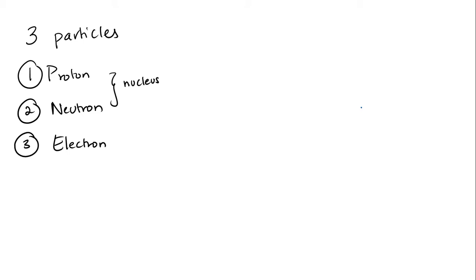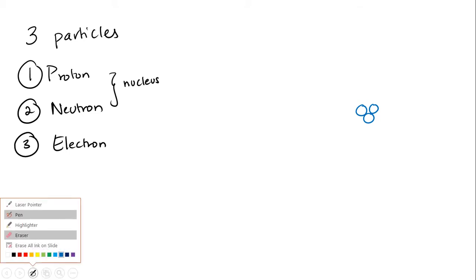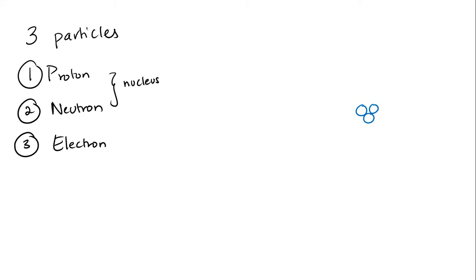Protons will be found in the nucleus. Let's say I'm going to draw an element that has three protons. The blue is protons. And I'm going to draw four red circles, and those are going to be my neutrons. I'm just following the color coding in the next image as well.